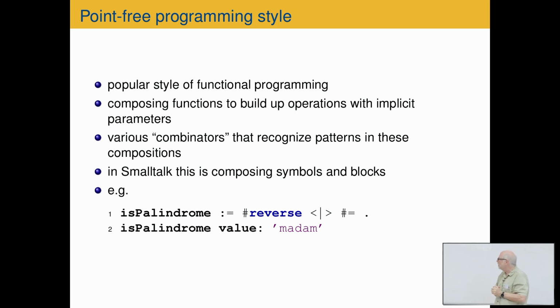So what this does is it takes the parameter madam, reverses it, and then checks to see if it's equal to madam, equal to the original. And so this gives you, is this a palindrome? Okay? It's something you have to, it's an acquired taste. I'm not a huge fan necessarily, but it can produce some very succinct code.